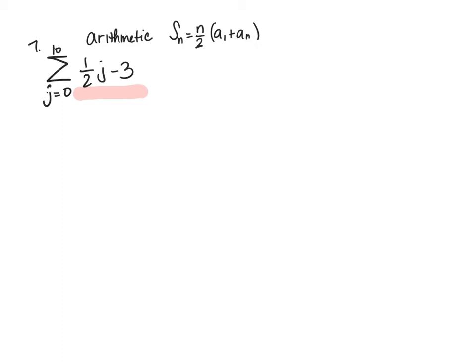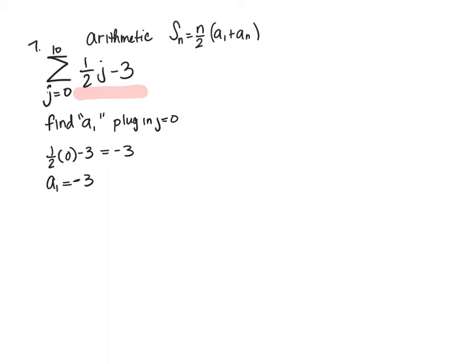So we're going to find a1 by plugging in j equals 0. So the first term is when j equals 0. So 1/2 times 0 minus 3 is negative 3. So our first term of this series is going to be negative 3.